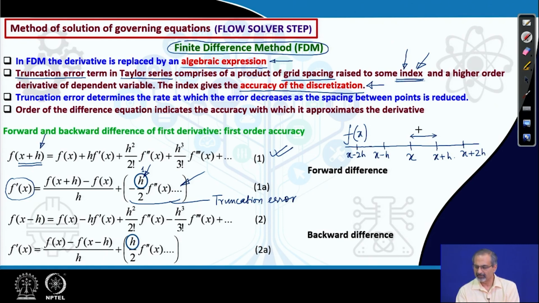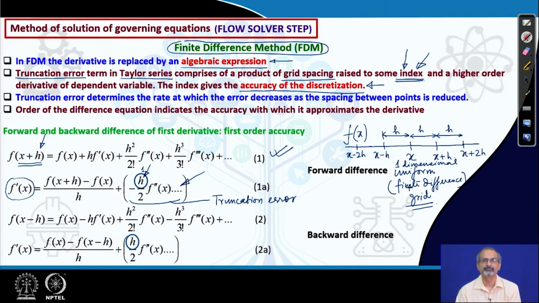In that case, what we have is a one dimensional finite difference grid which is uniform. You may or may not spell out finite difference here. If you just say grid, that also works.